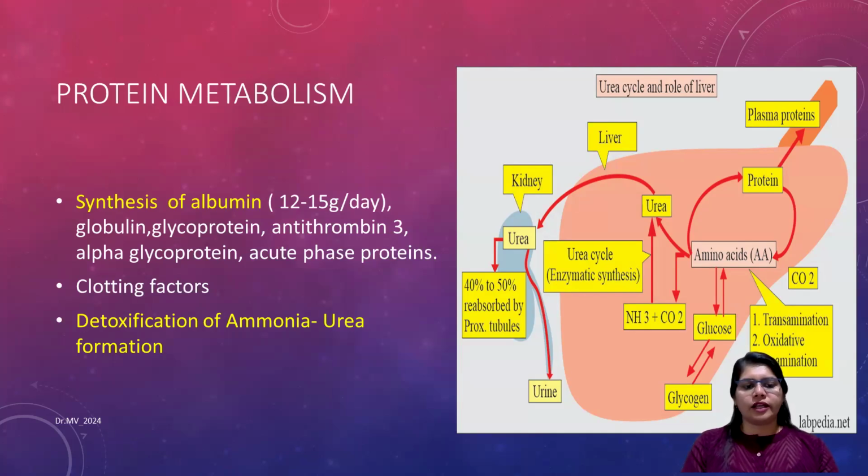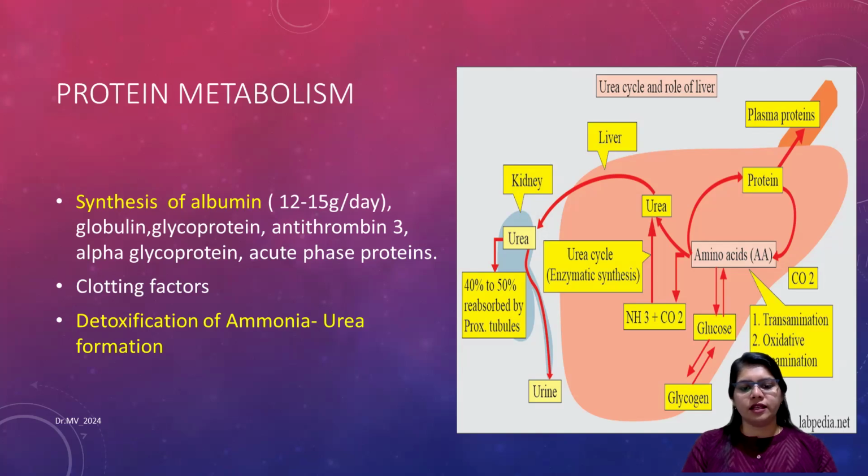Almost all clotting factors except 3, 4, and 8 are synthesized by our liver. Amino acid degradation produces ammonia as the end product, which is eliminated from the body by converting it into urea by the ornithine cycle.